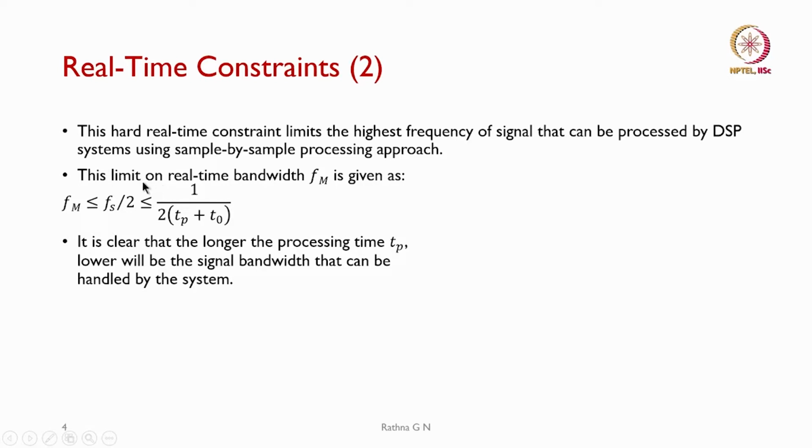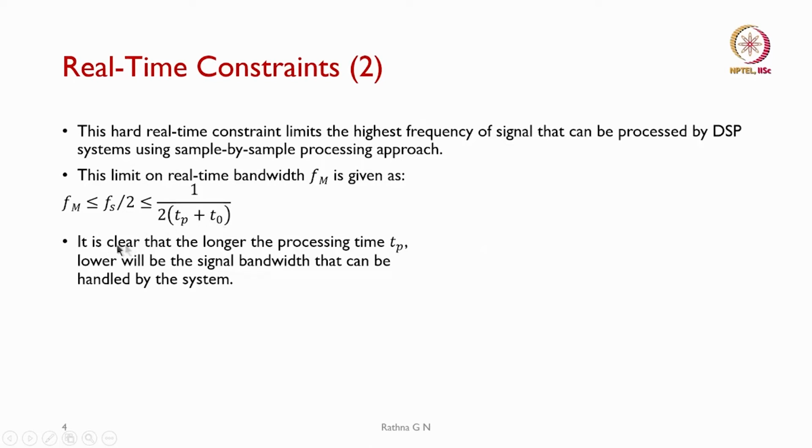In that case, what happens to our bandwidth? We say FM is the maximum frequency I can allow in my input signal. That should be less than or equal to half the sampling rate, driven by our sampling theorem constraint, which is FM less than or equal to 1 by 2 times (TP plus TO), that is my processing time as well as my overhead for IO operations.